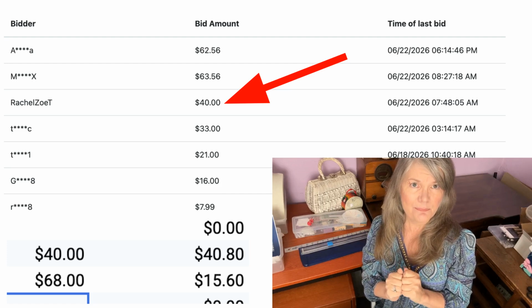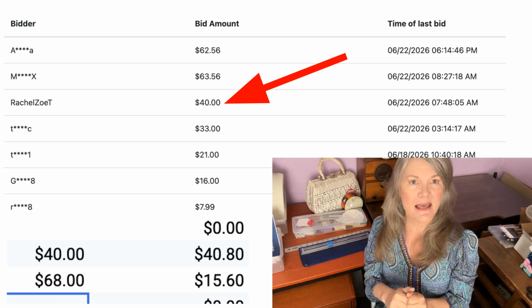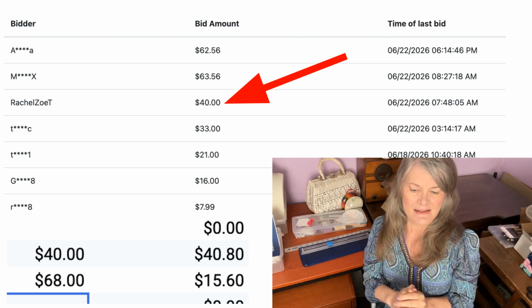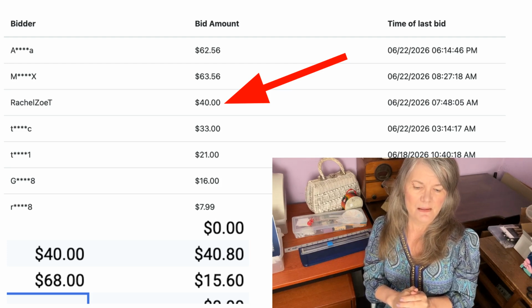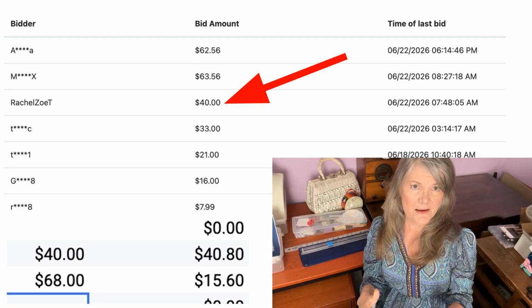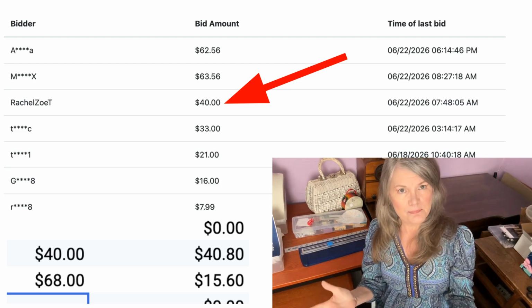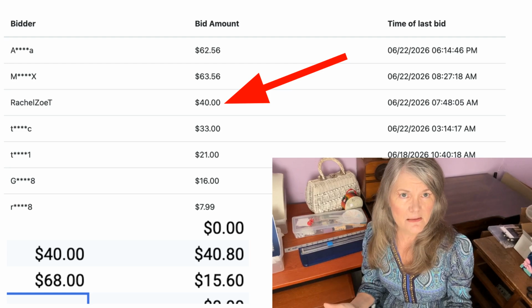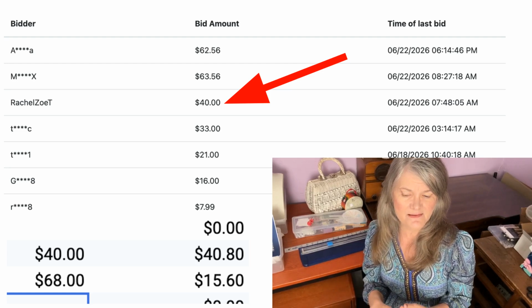It's 10 a.m. This auction closes at 5 p.m. At 10 a.m. I place my bid of $30. At 1 p.m. I am working on other aspects of my business. At 3 p.m. I am also working on other aspects of my business.